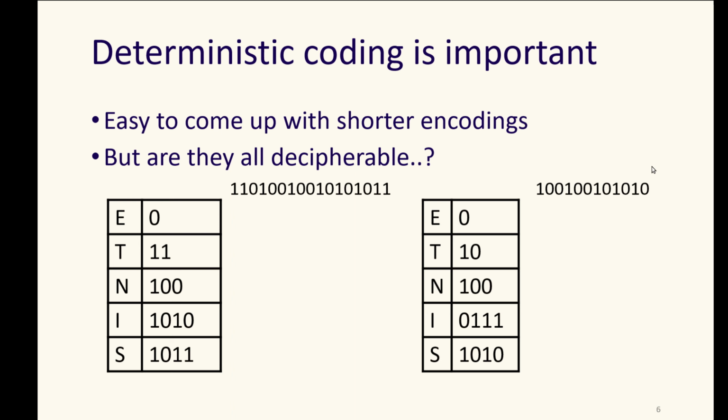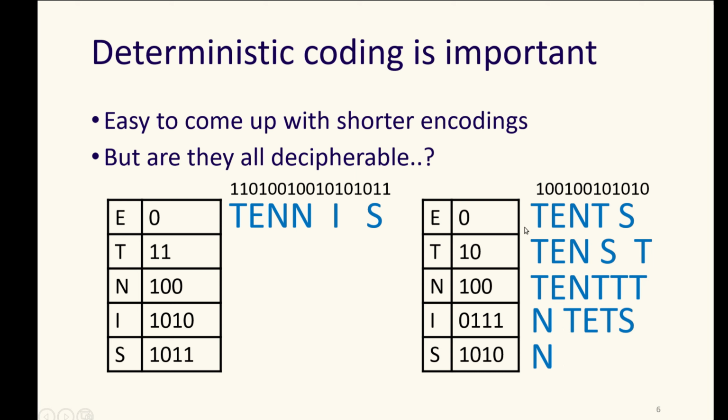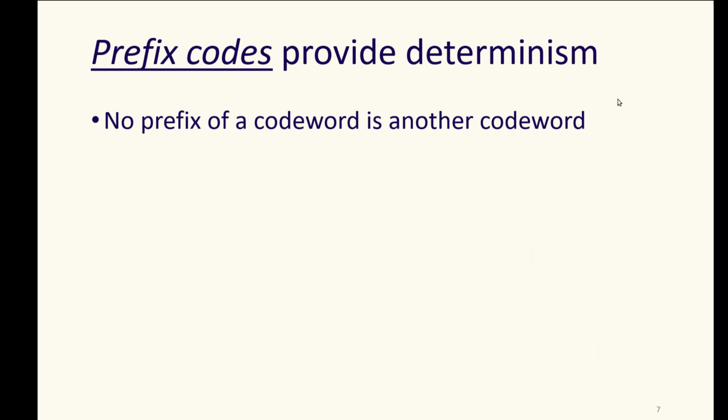So some examples of ones that may not be perfectly decipherable are these here for encoding E, T, N, I, and S. It could be representing the word tennis, but it could also represent tense, and could represent the word ten with S and T, and many other possibilities. So we need an encoding that is easily decipherable and that can always come out to the correct result in the end. We don't want our users guessing at what the data is that we've stored for them.